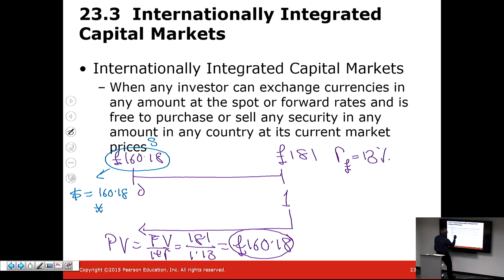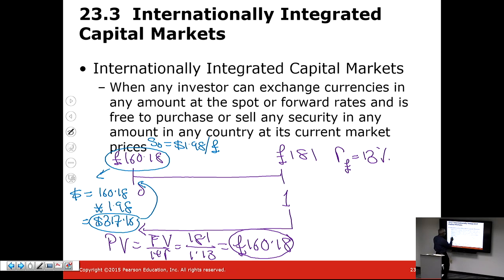Assume that the spot exchange rate at time zero is $1.98 per pound. So I multiply that by 1.98. That gives me a dollar value of 317.16. That's the value at time zero in dollars.